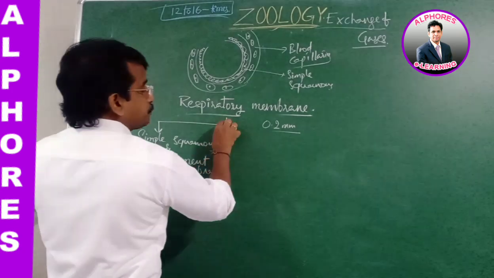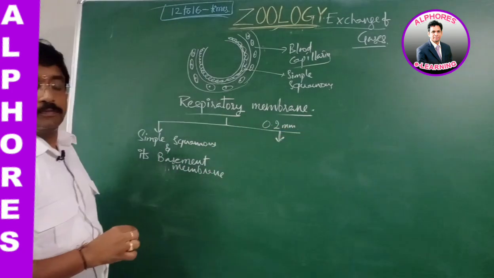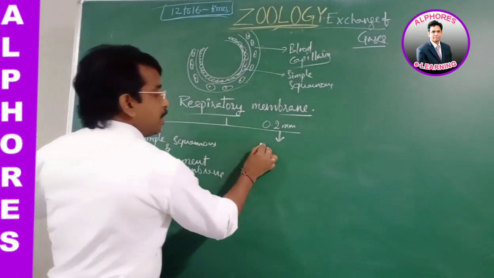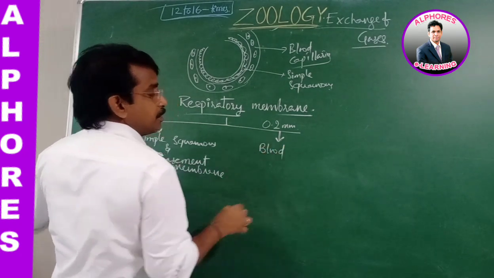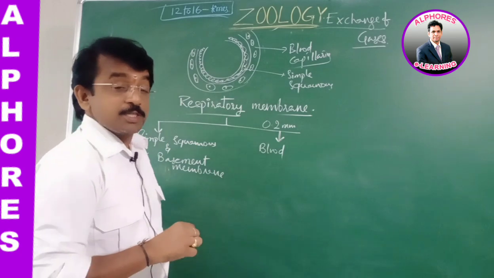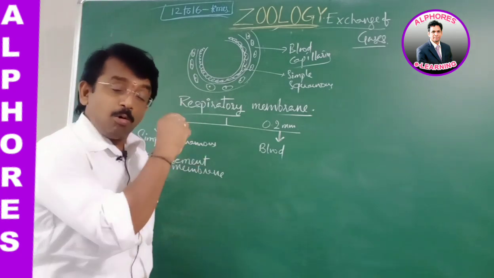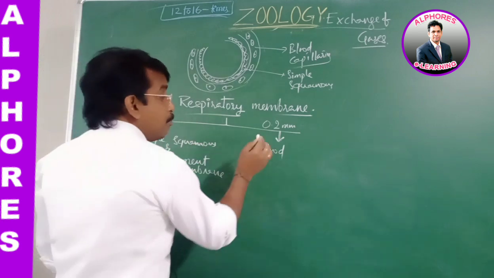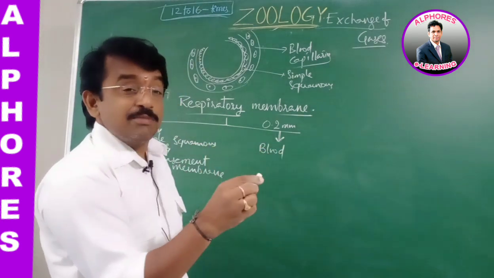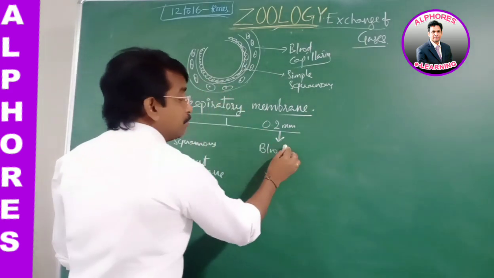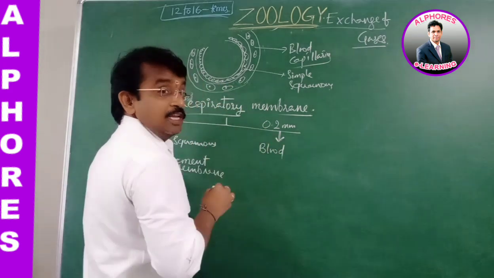Next, the blood capillaries: earlier we discussed that epithelium plays a vital role in all the parts. So blood capillaries are internally lined by simple squamous epithelium, which is named the endothelium.